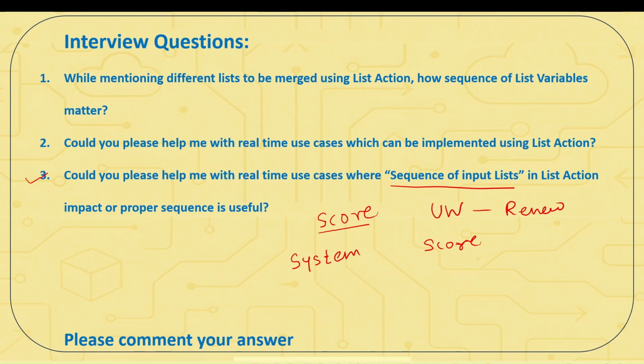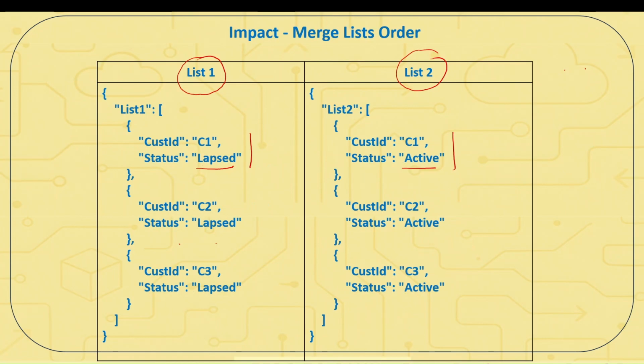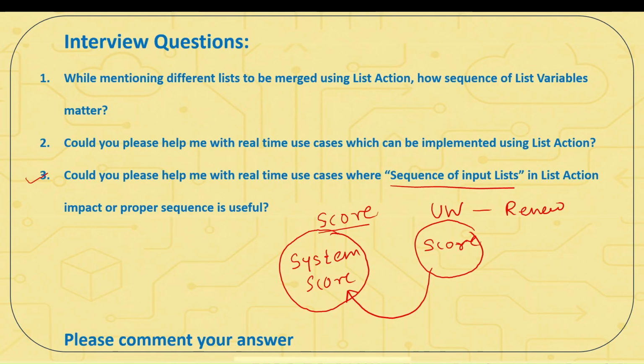So we have two scores: the score in the system and the score calculated currently, the recent score. If I say list 1 is the system score which is already in the system, and this is the recent score calculated just now, and we want to overwrite, the recent score will override the system score because we need to consider the latest data. Likewise there may be other scenarios or other approaches as well. I'm not saying this is the only approach to override the previous one, but this is the behavior of the merge list order in the list action.